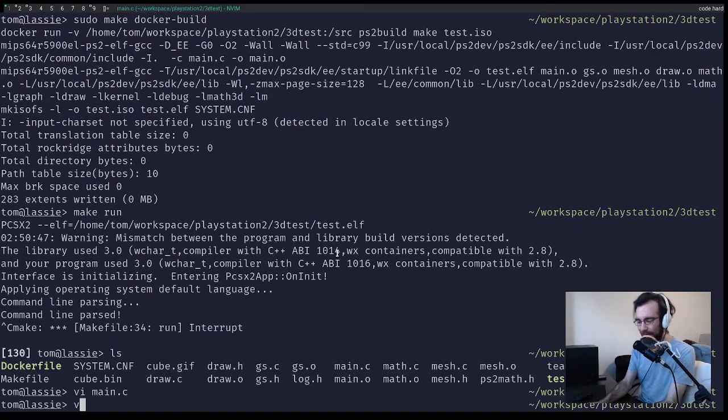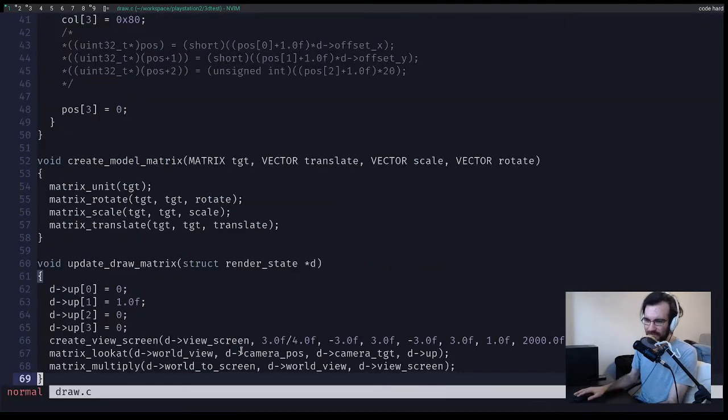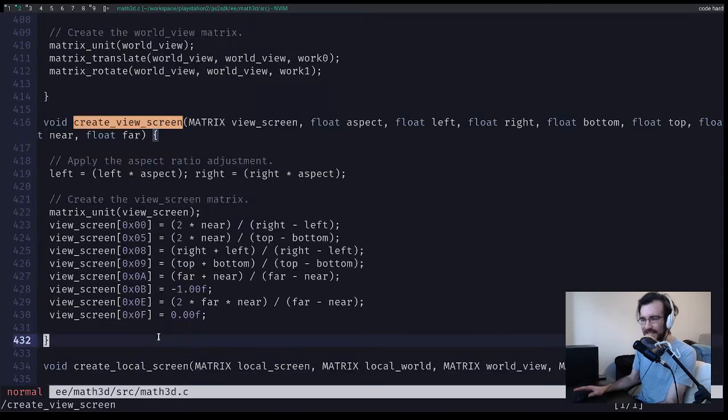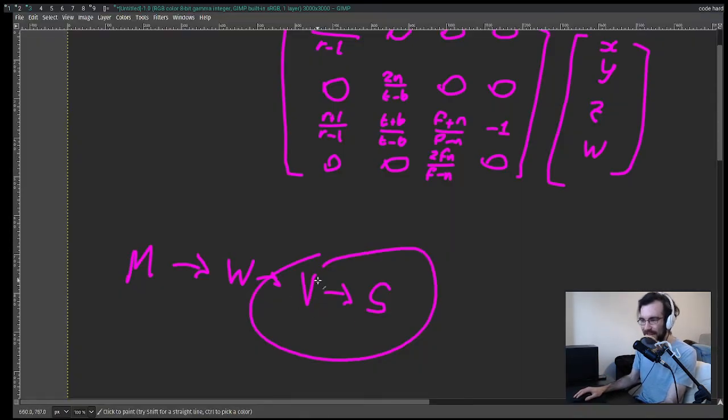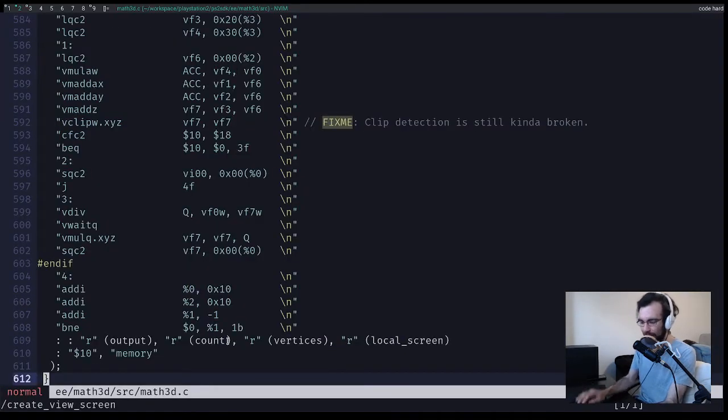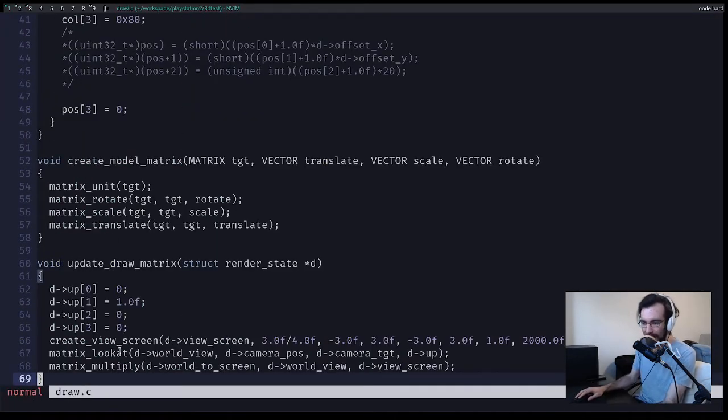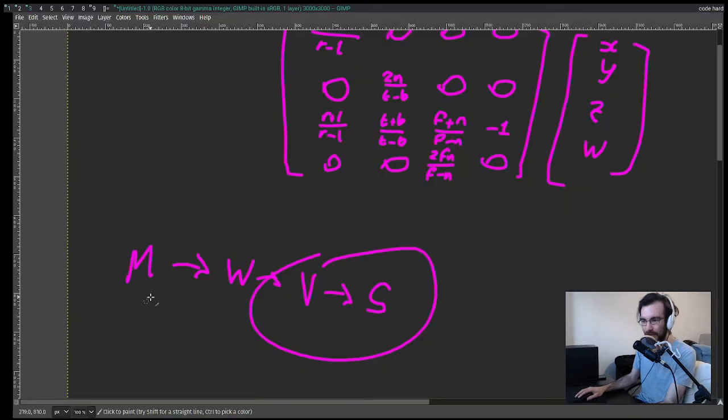Now, when I look at the functions I have to do this, we're pulling in a create view screen from PS2SDK, so this part is taken care of by the SDK. We have our lookat matrix, which should be this part, and I'm using an algorithm for this which I know works. I've done it before. And then our model to world, this is easy.